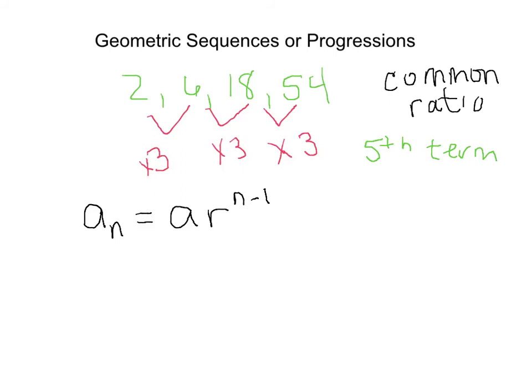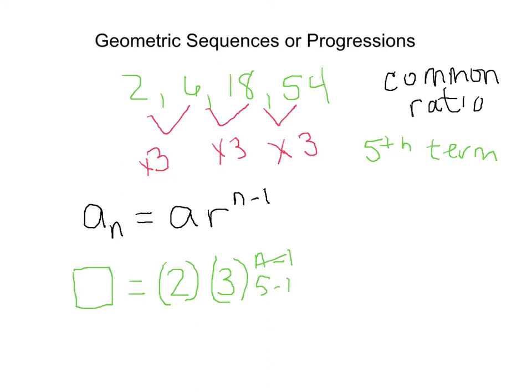And all we have to do is fill out our work. We're going to say what we're looking for is equal to, what's the a, right? The a is 2. It's the first term we have. And we're going to multiply that by 3, which is the progression, the common ratio. Remember, 3 is our common ratio. And 3 raised to the n minus 1, right? Which we know is actually 5 minus 1.